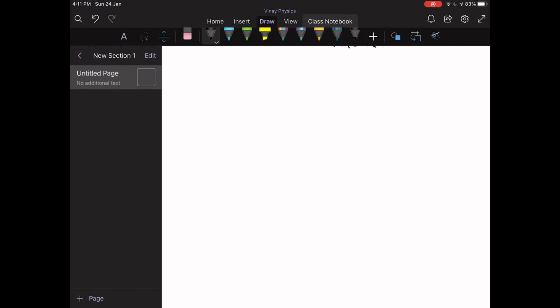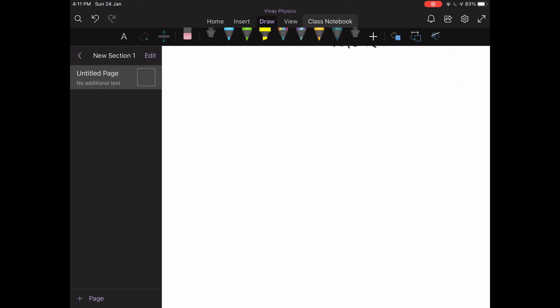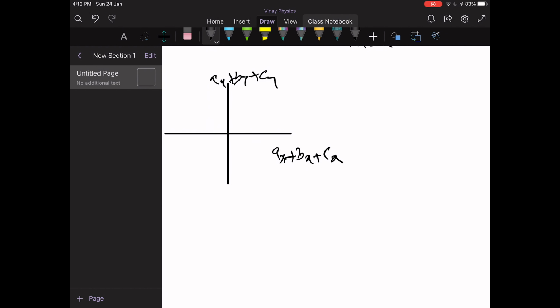If we want to find the angle that the resultant vector makes from the x axis, we can figure it out this way. As we have already said, the resultant vector is a sum of two vectors along the x axis and y axis, where the x axis vector is AX plus BX plus CX, and the y axis vector is AY plus BY plus CY.